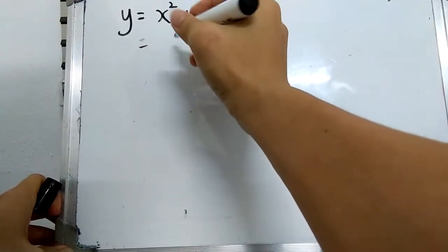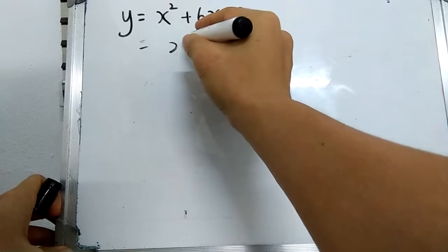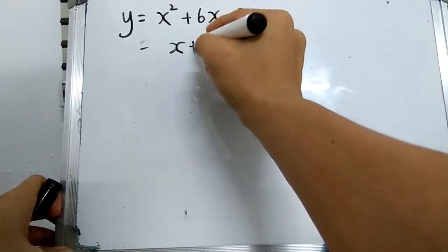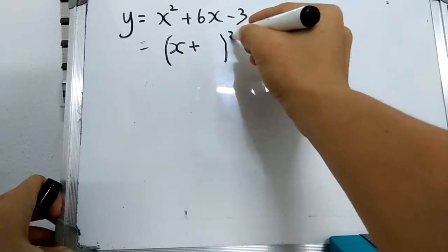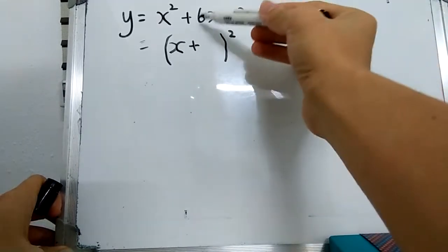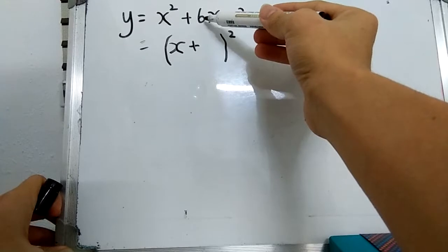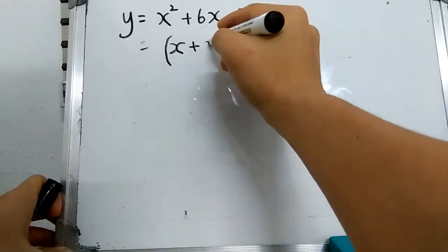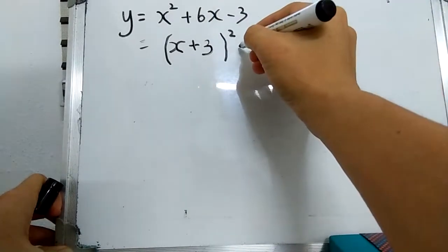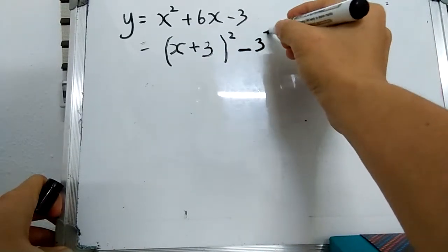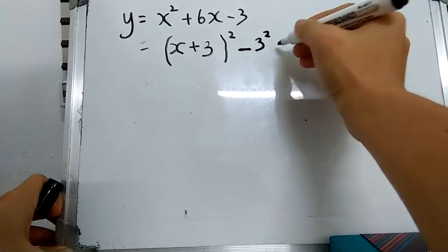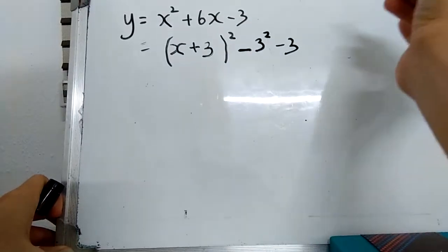First of all, you have to put x plus, followed by a bracket here, squared, and here is 6. Half of 6 is 3, so here you minus 3 squared, and minus 3 you just copy it down.